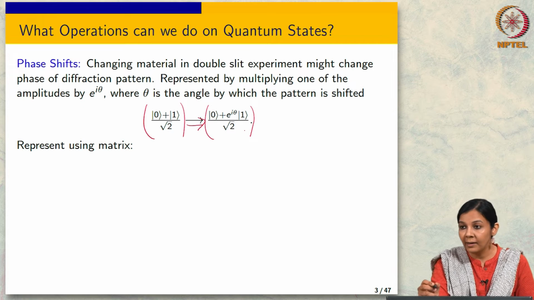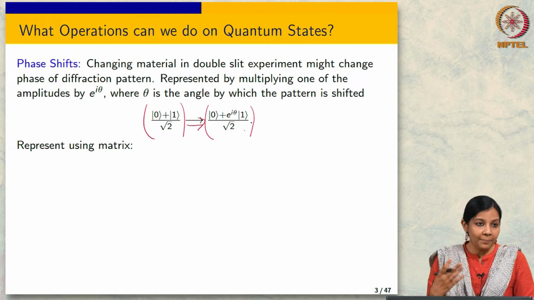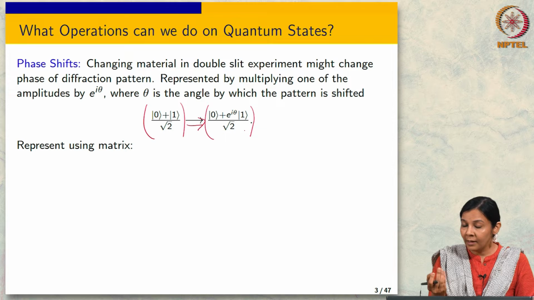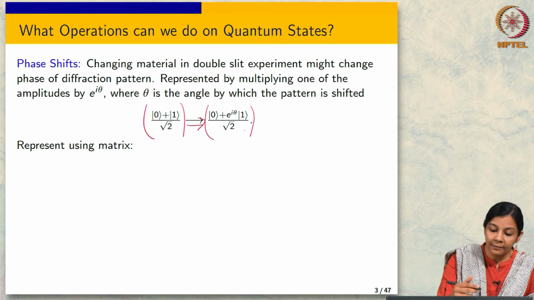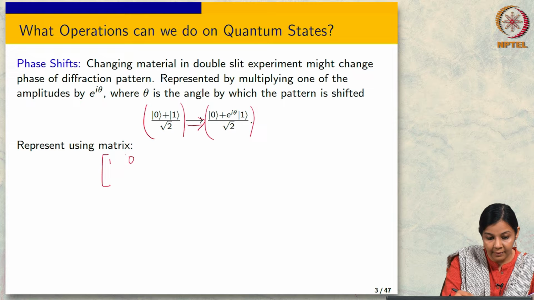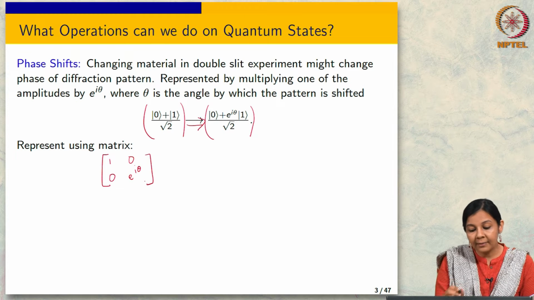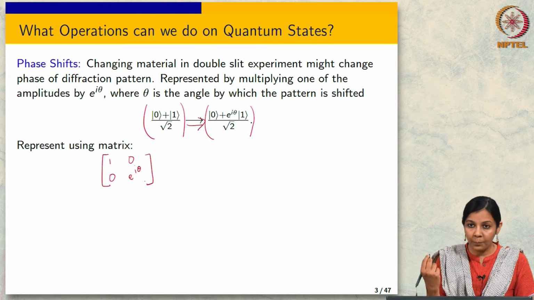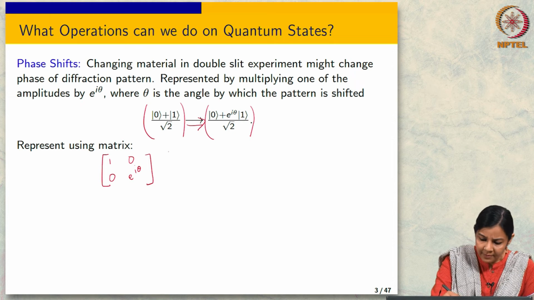This is fine, but how do I mathematically represent this? We can write this phase shift operation using a matrix. So let us try to write this. I claim that this matrix will capture this operation, and it is easy enough to see.